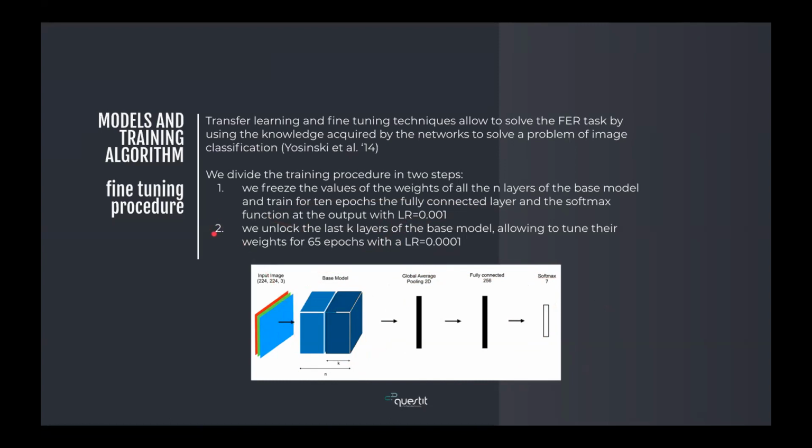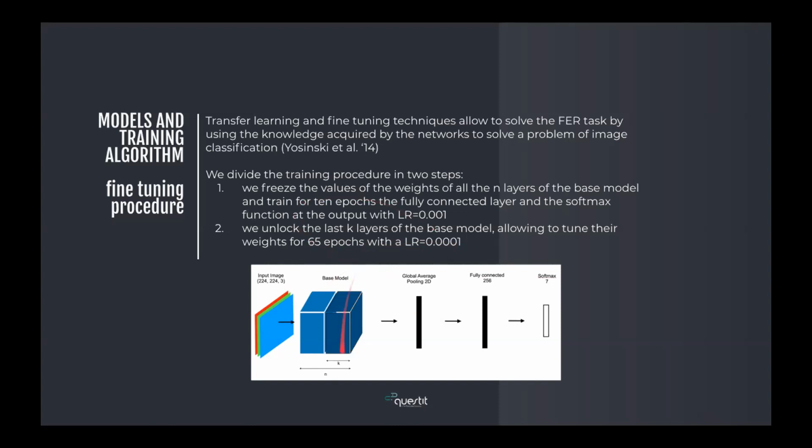In the second step, we unlock the last k layers of the base model. So the base model has n layers globally, but we unlock only the last k. And we train these weights and also the output layers for 65 epochs with a learning rate of 10 to minus 4 in order to not move so far from the optimal position.